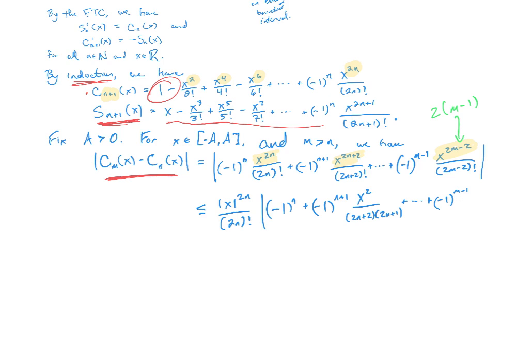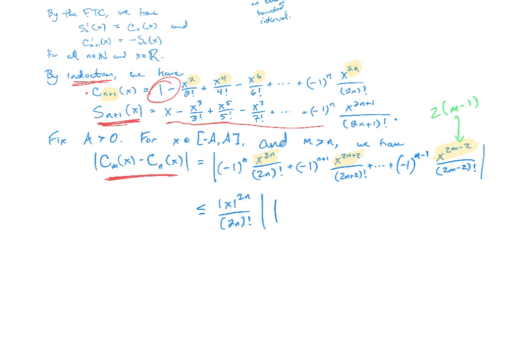You know what? Now would be a good time. Let's get rid of the signs on the inside. Right? We're doing a less than or equal to. If we make all the terms on the inside the same sign, that can only make the inside bigger. And this will give us a little bit less writing.